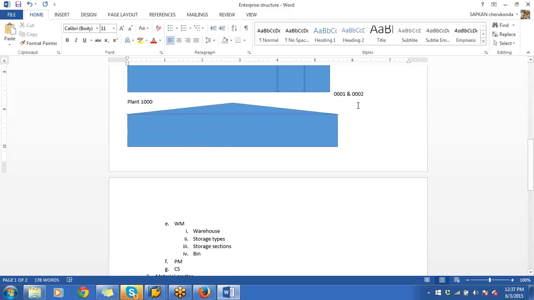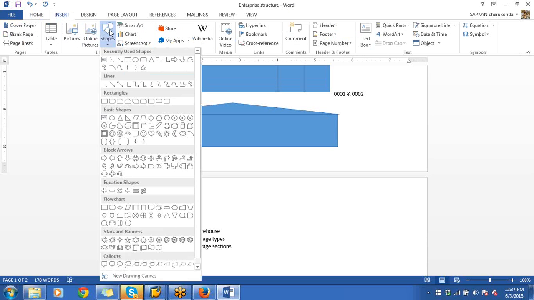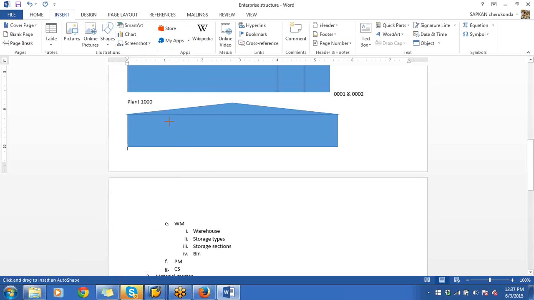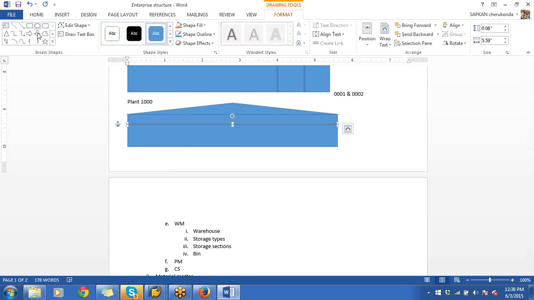Okay, this is my warehouse. So I need to bifurcate. Storage type 1, storage type 2.